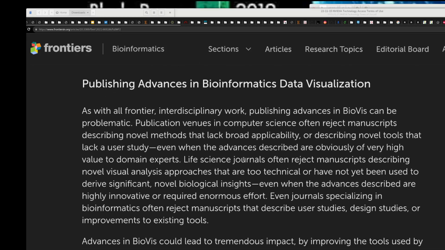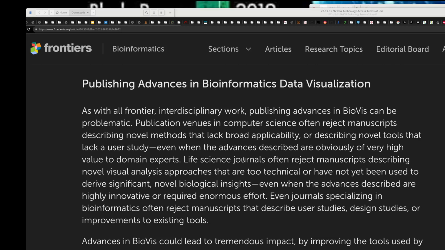Publishing advances in bioinformatics data visualization. As with all frontier interdisciplinary work, publishing advances in BioVis can be problematic. Publication venues in computer science often reject manuscripts describing novel methods that lack broad applicability, or describing novel tools that lack a user study, even when the advances described are obviously of very high value to domain experts.